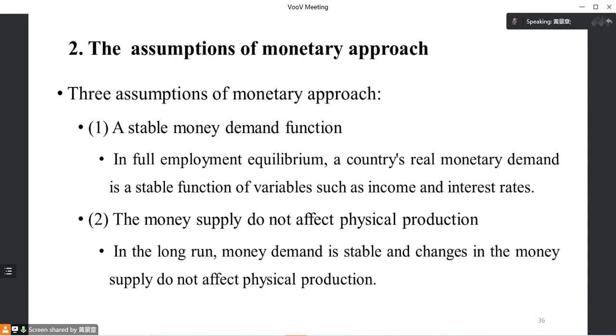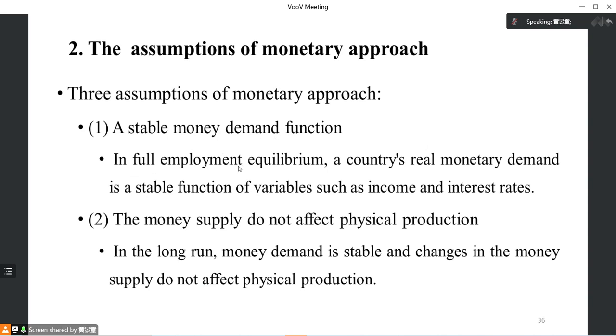The assumptions of the monetary approach. There are 3 assumptions of the monetary approach. First, a stable money demand function.